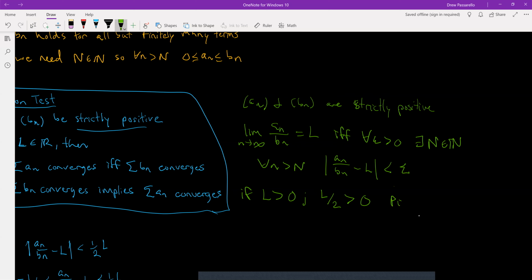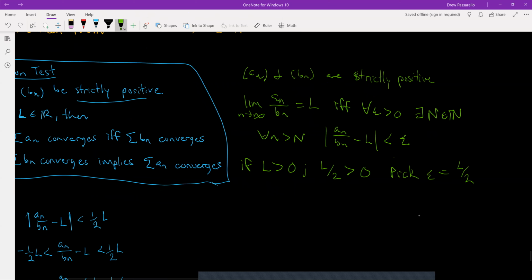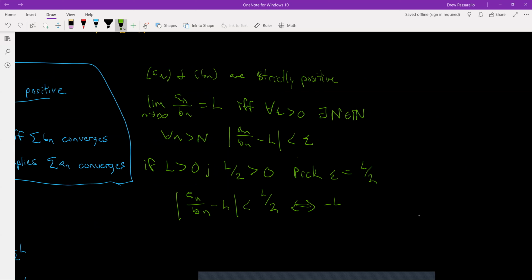I'm going to pick epsilon to be L over 2, or 1/2 L. Okay, so then that means I have that an over bn minus L is less than L over 2, which is if and only if negative L over 2 is less than an over bn minus L less than L over 2.